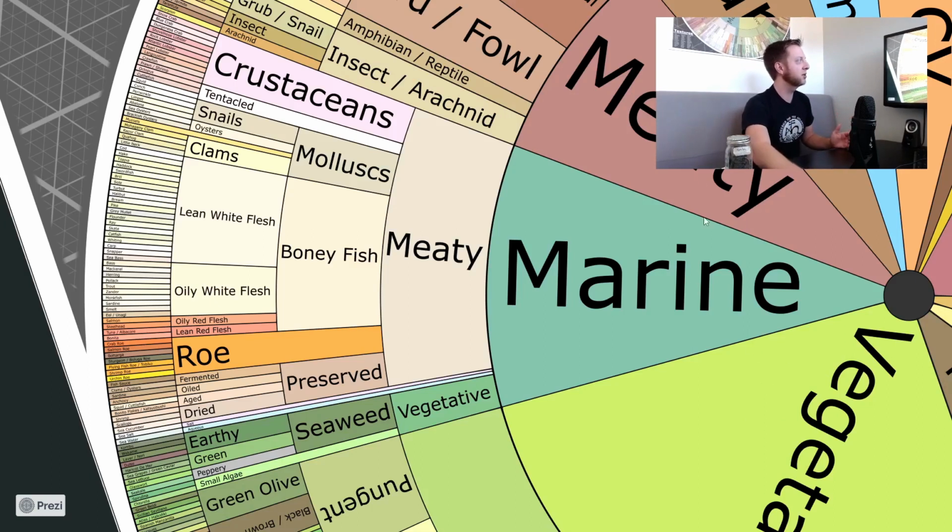You'll see that meaty sort of continues down over here, and you'll see that vegetative continues over here as well. And so we have this blending, or a fade, between meaty and marine, and then another fade between marine and vegetative.